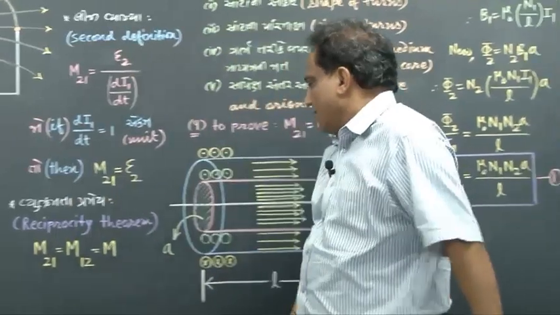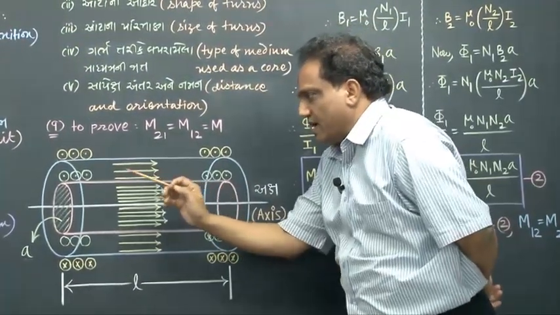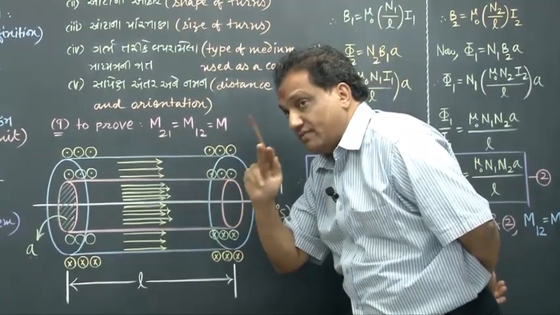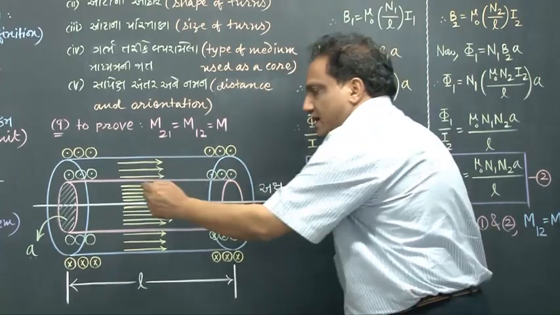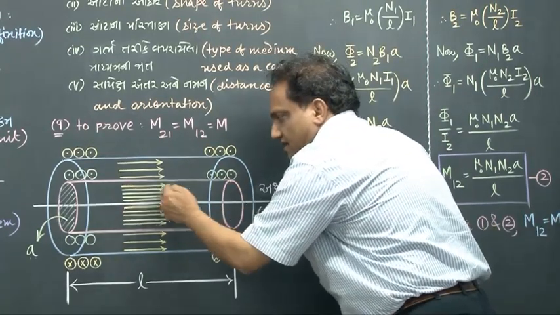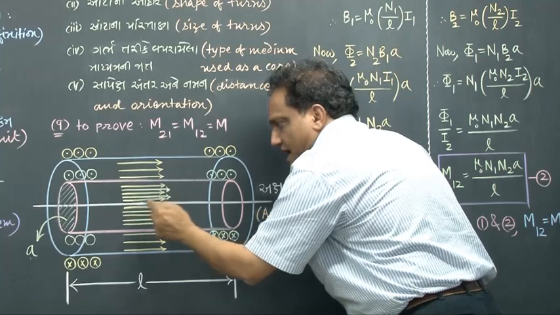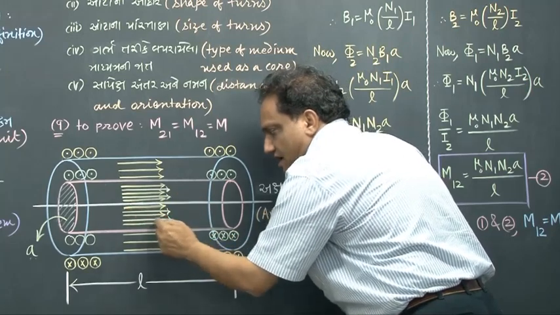Because you are passing current in the winding of the small solenoid, you can expect a magnetic field in the small solenoid. And that I have shown with the green color.